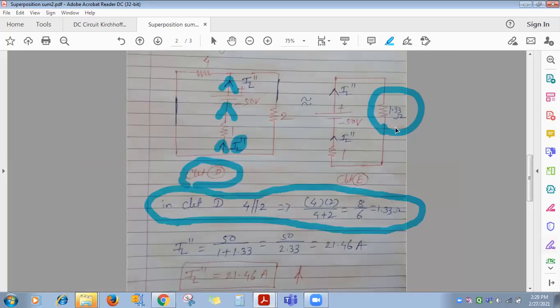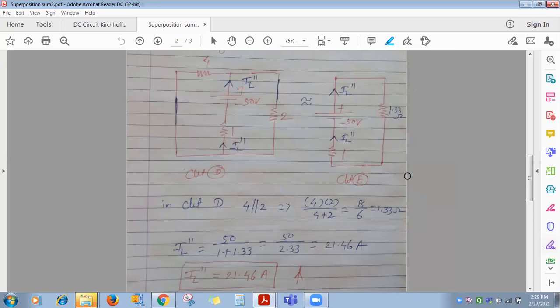So this 1.33, its equivalent circuit you draw now. Is it in series with 1 ohm? Yes. See, this branch will remain as it is, and their parallel combination, either on right or left, you represent as 1.33. I have represented it on the right hand side. Complete the circuit. Current flowing through 1 ohm and 1.33 is the same, means they are connected in series.